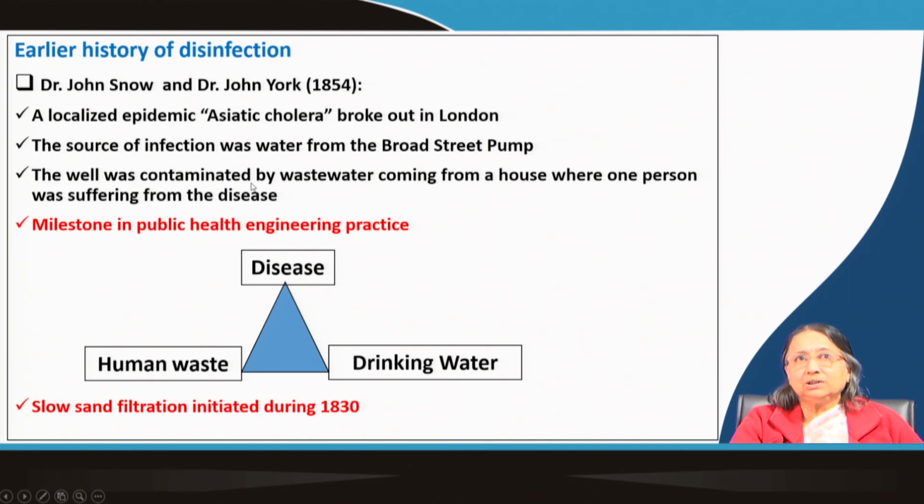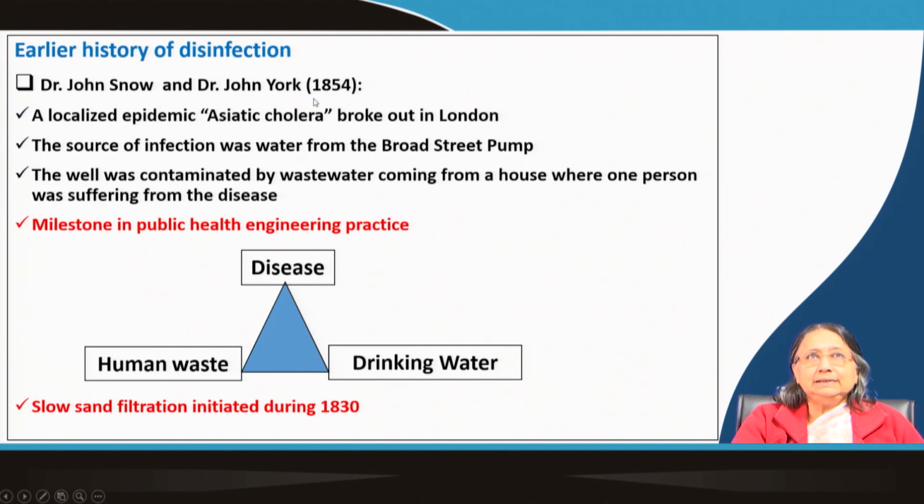The well was contaminated by wastewater coming from a house where one person was suffering from the disease. There was actually a broken sewer, and from the broken sewer this contamination reached the pump water. The broken sewer was carrying water from another house where one person was suffering from this disease. What is Asiatic cholera?